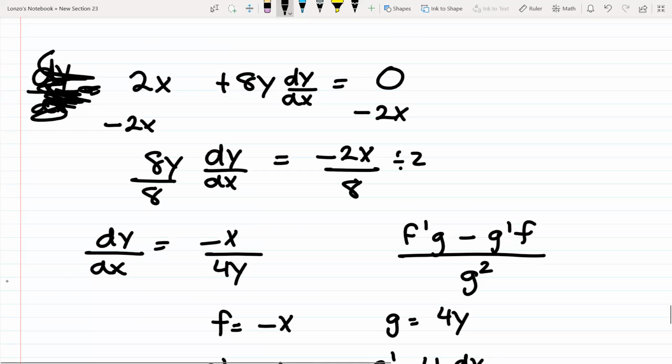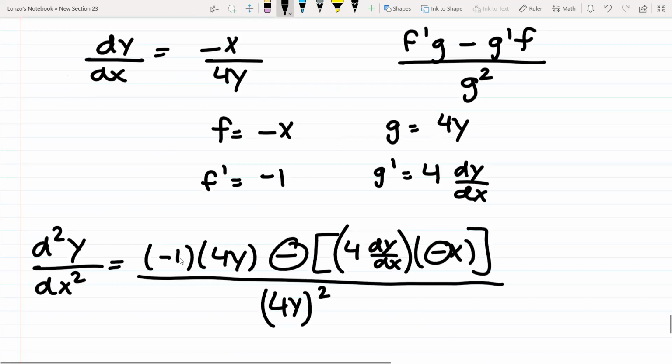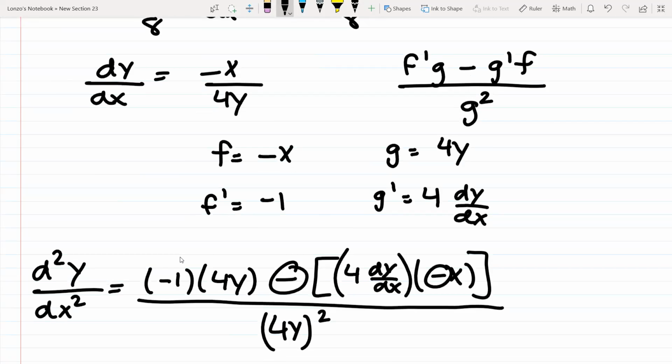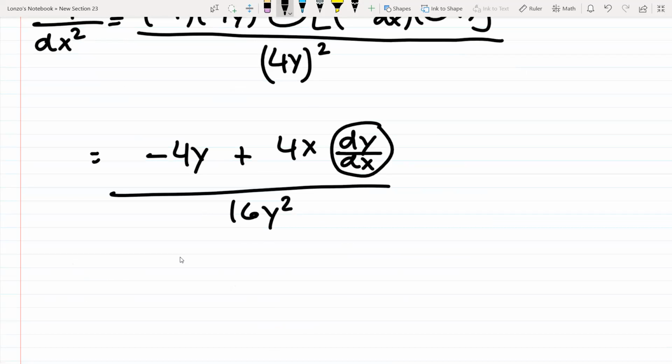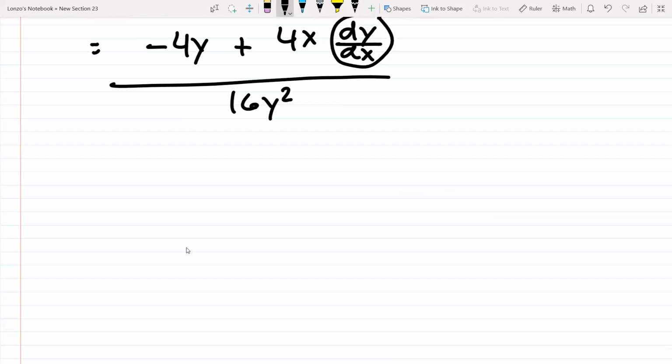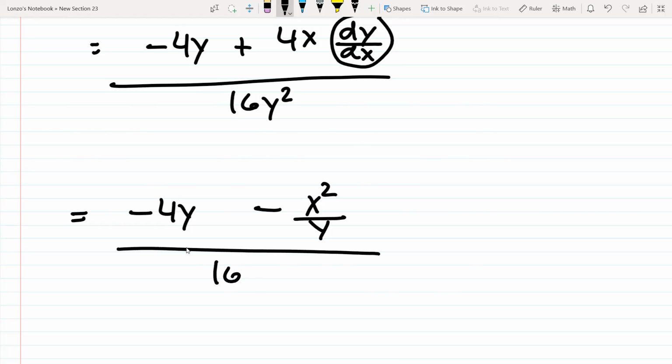We said in our previous result that dy dx is negative x over 4y. So you can replace that: 4x times negative x over 4y, and the 4's cancel. And when you clean that up, that would be negative 4y minus x squared over y, all over 16y squared.